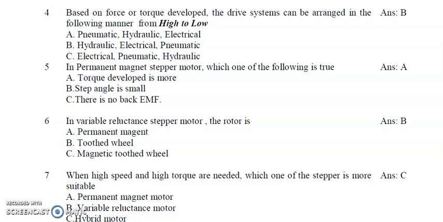Question number 7. When high speed and high torque are needed, which one of the stepper is more suitable? A. Permanent magnet motor, B. variable reluctance motor, C. hybrid motor. The answer is C, hybrid motor.